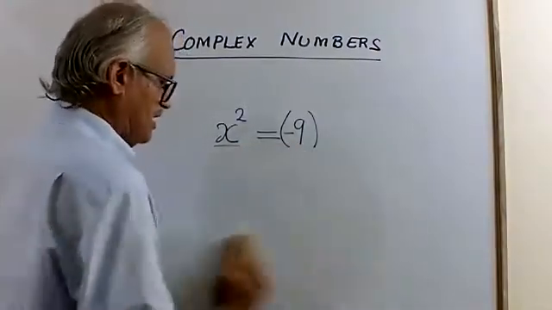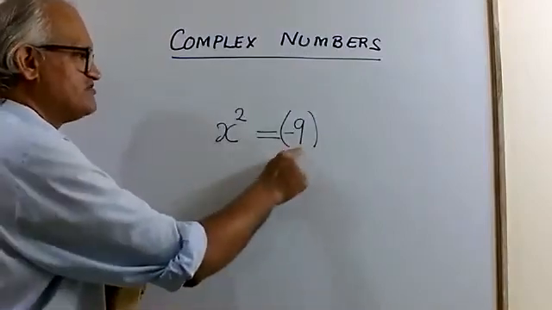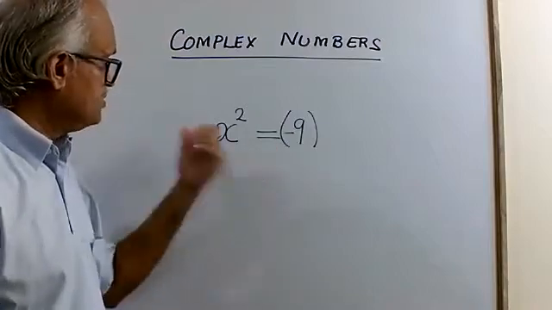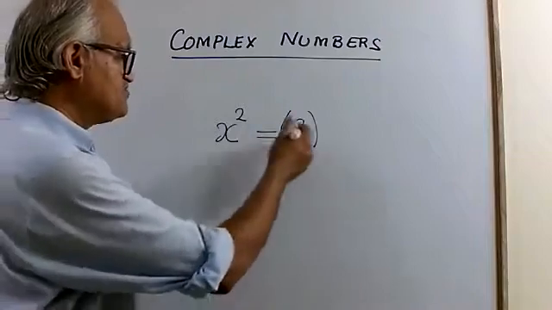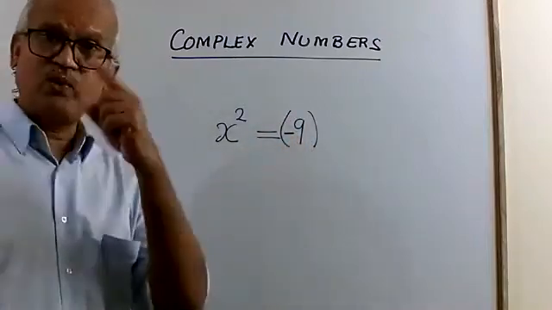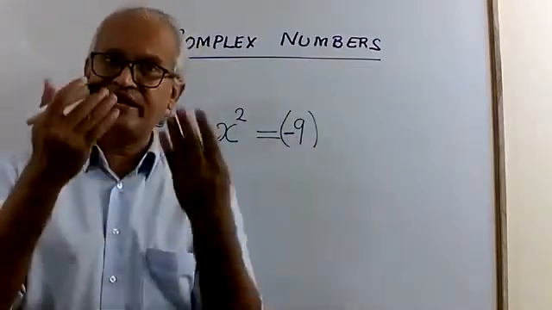So, I have a number in mind x, which when squared gives me minus 9. And you try to think of an answer to this question, and you will find it's very difficult, because to obtain minus 9, when you square a number, you have to multiply it by itself. That is what we call squaring a number.